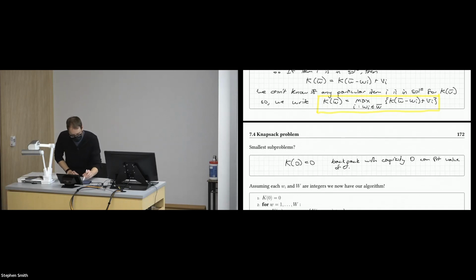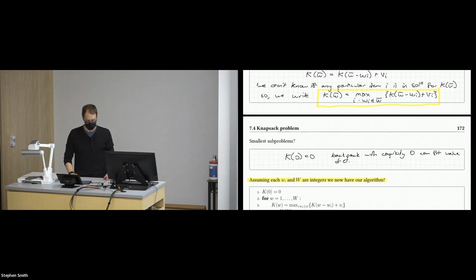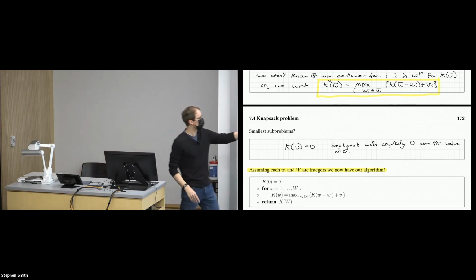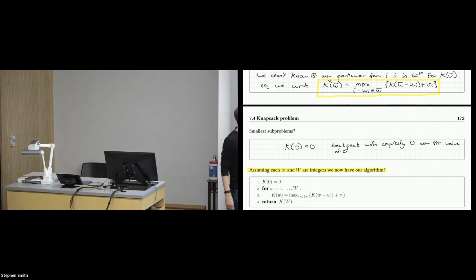And then finally, if we just assume that all the w_i are integers, we get the following algorithm. I solve my smallest subproblem, and then I just loop through the W's from 1 up to the max value, and I just fill it in.